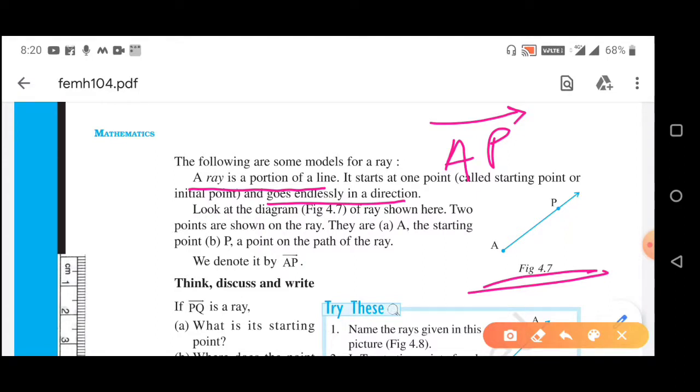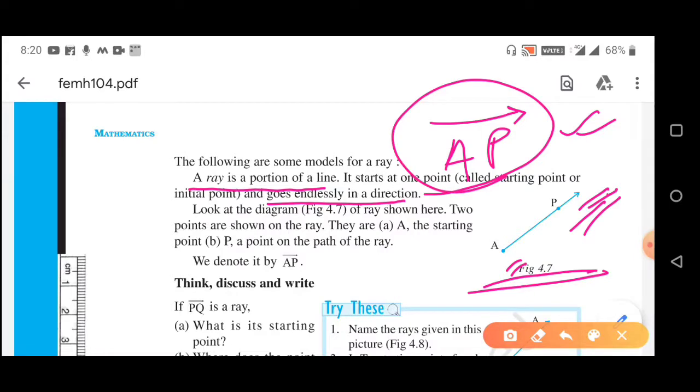Here you see, at the side of P, this arrow sign is given, so we will write AP and give a one-sided arrow like this. Here the starting point is A, but the ending point is not P, because beyond P the line has an arrow. That means the line will go on in this way. So we will represent a ray in this way, with a one-sided arrow.